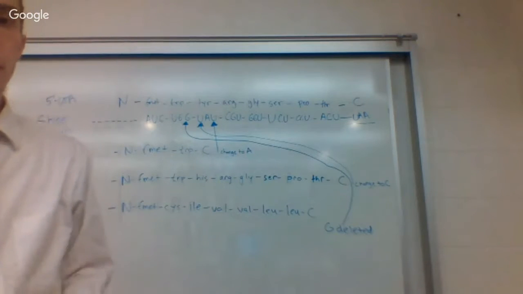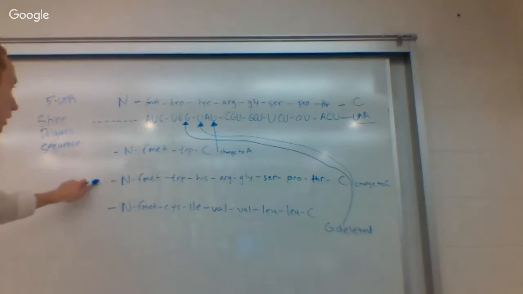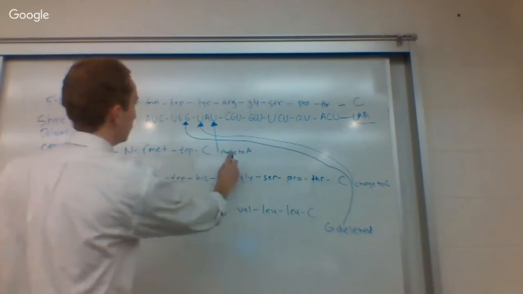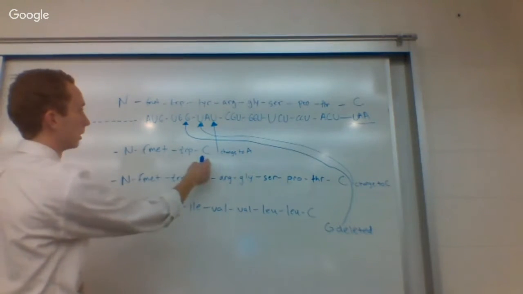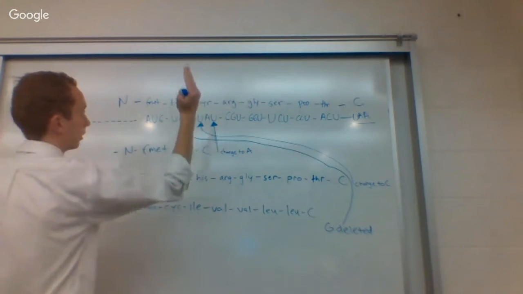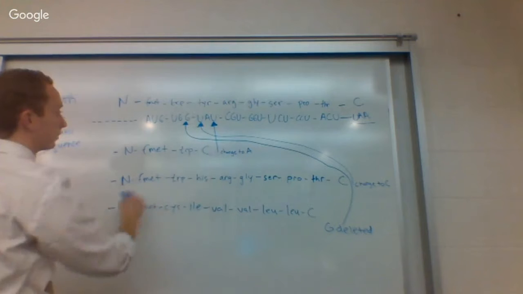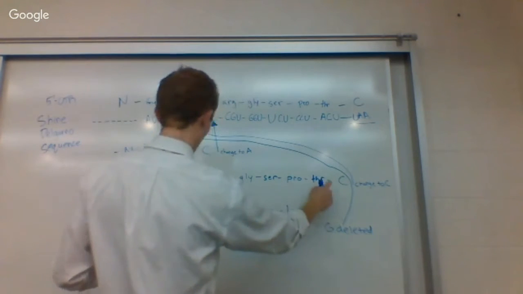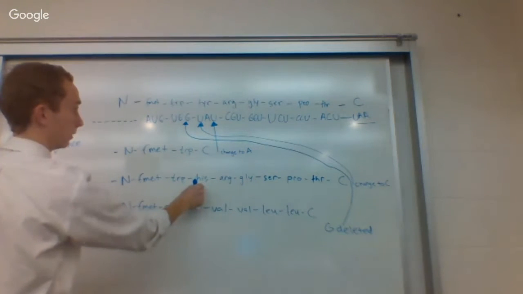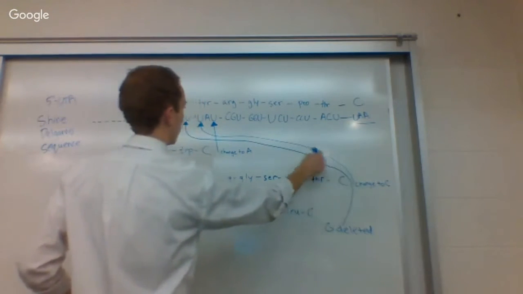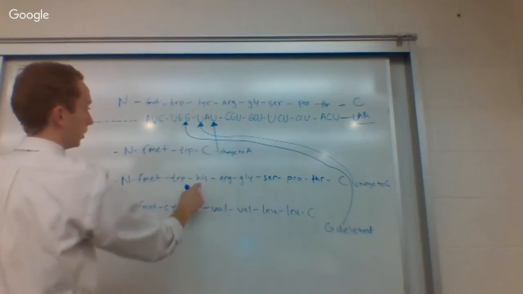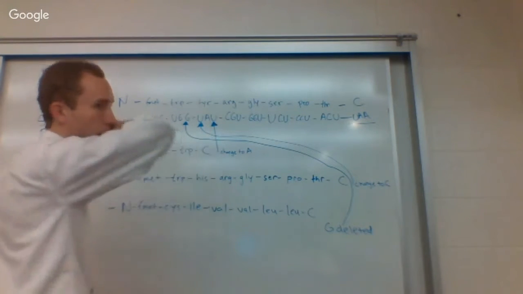And then for B, there's different mutants that occur, and you're supposed to determine what happens. So for the first mutant, it stopped. And so we know that this could possibly have changed to an A, making translation stop right there. This one right here, we just see that one of the amino acids has changed, and it's this one. And so we see that this, sorry if you can follow my arrow, this changed to a C, making it this amino acid and not this one.